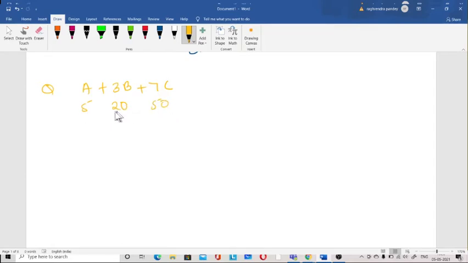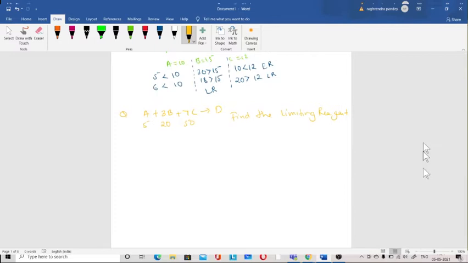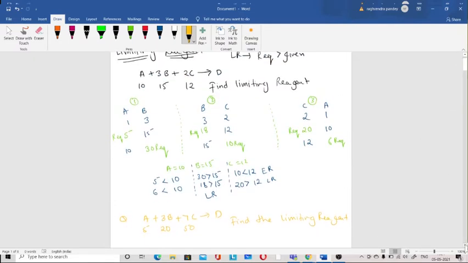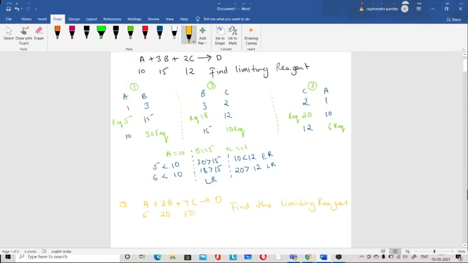Let's take the product as D. You have to find the limiting reagent.